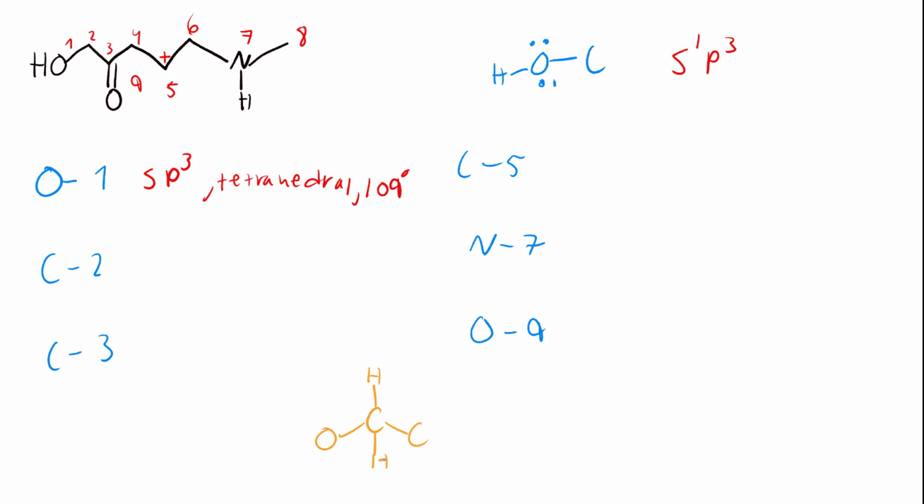And as it turns out, those hydrogens classify as what? They classify as houses. So 1 house, 2 houses, 3 houses, 4 houses is the same as the other molecule. So it's going to be sp3 tetrahedral. And tetrahedrals have a 109 degrees bond angle.